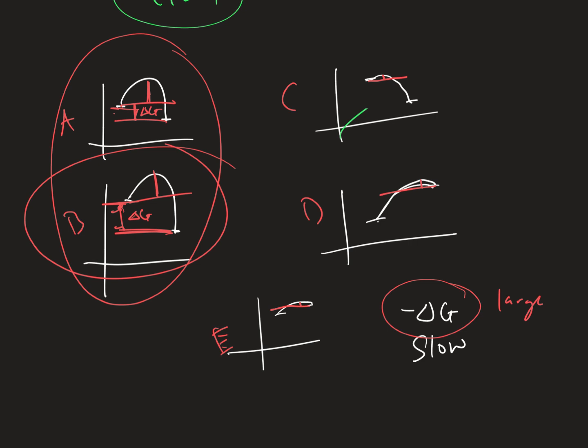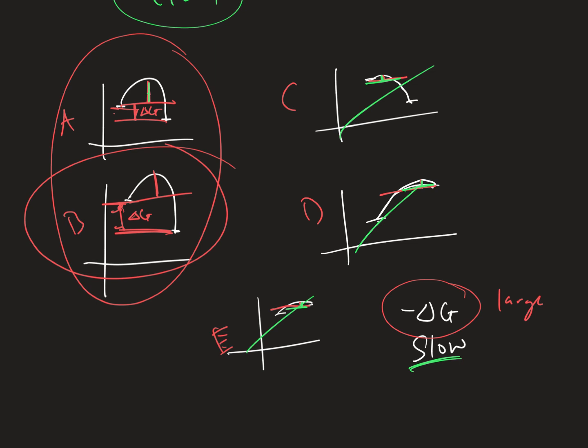I'll use a different color. So first of all, let's find a slow one. You see how this is a small activation energy on all three of these? Do you understand that part? So those are fast. Those aren't the ones.